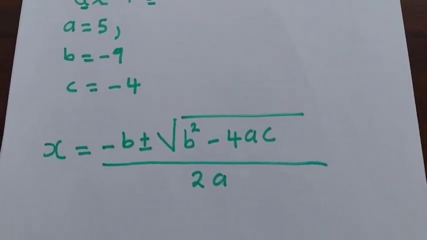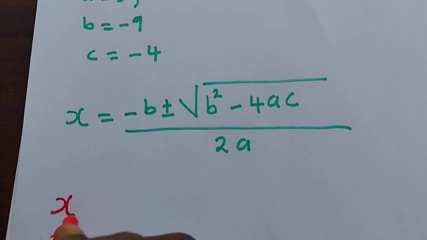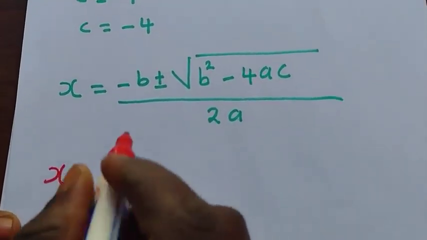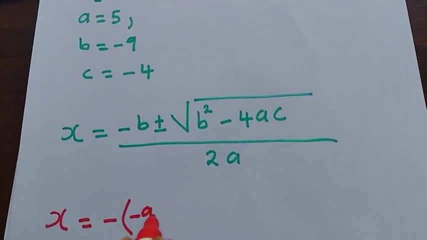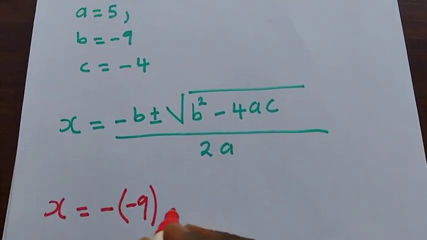So it's going to be like this, okay? X equals negative, where there is B, we have said it is negative 9. I'll put it in brackets because it's carrying a sign as well.